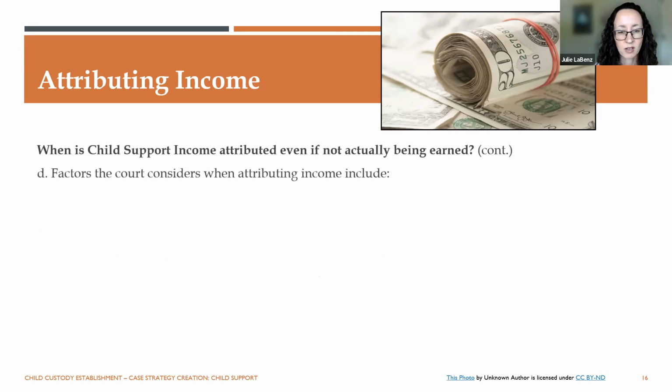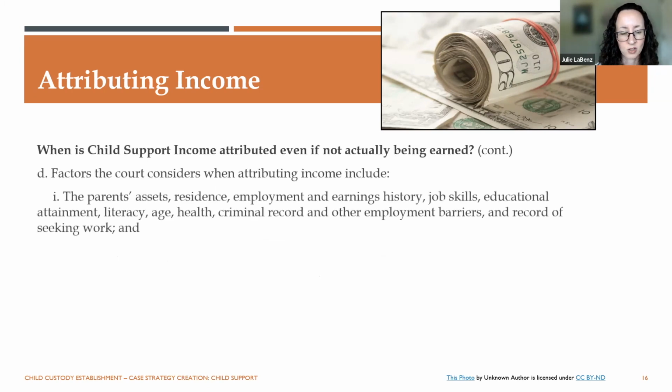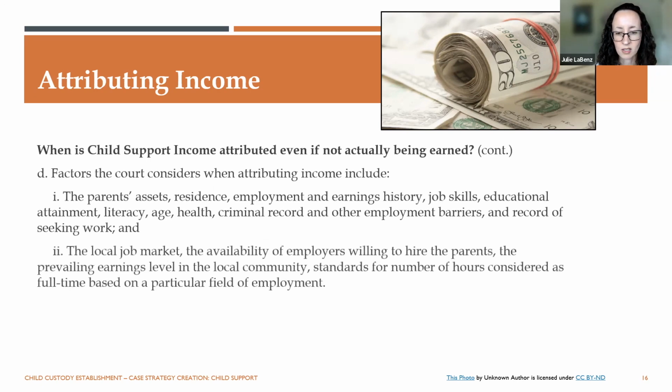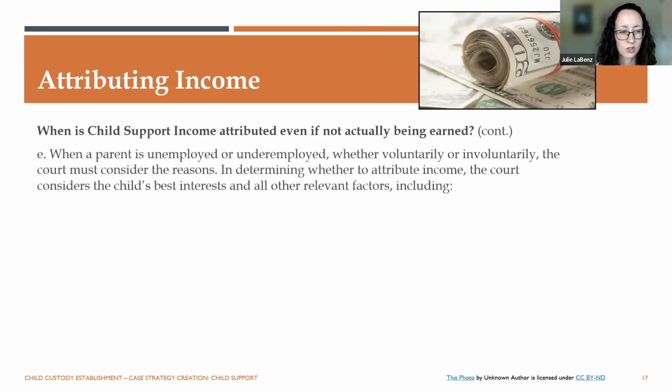When is child support income attributed, even if it's not being actually earned? Here are the factors the court considers. Basically, their earning history, criminal record, any barriers to employment, and also what's going on with the job market, what kind of jobs are available. Also, when a parent is unemployed or underemployed, whether voluntary or involuntary, the court must consider the reasons.